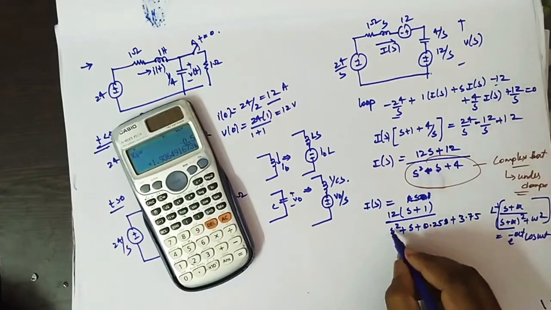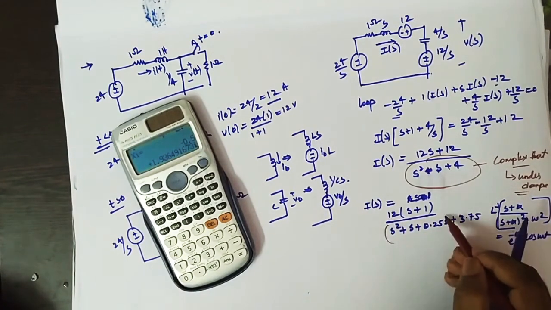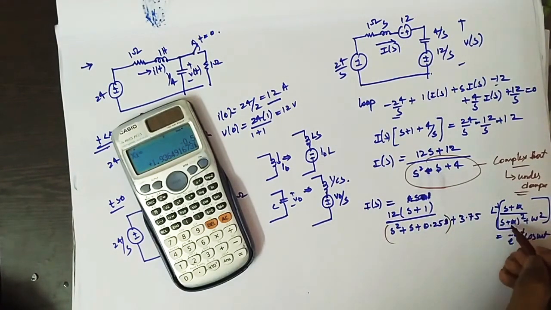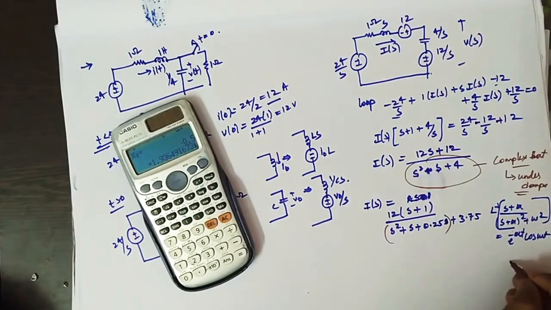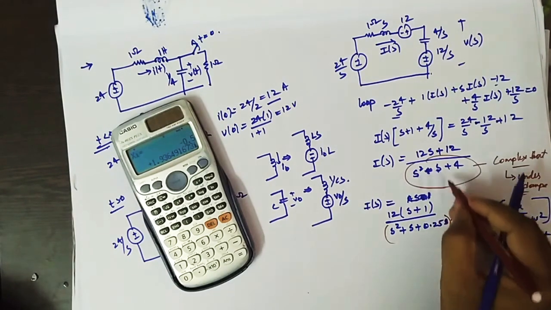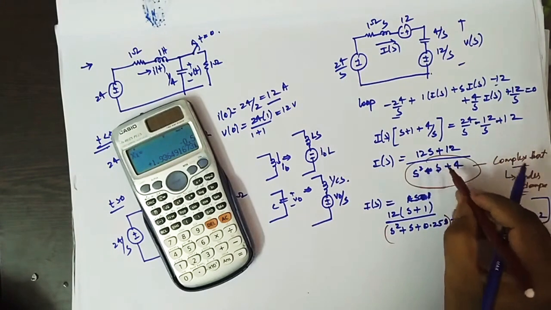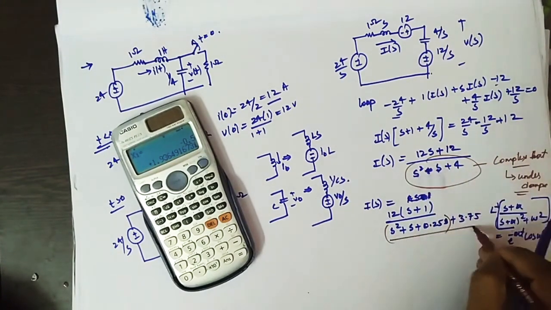So this entire term can be represented as s plus 0.5 whole square, right? If you take s plus 0.5 whole square, you will be getting s square plus 2 into 0.5 into s, that is s, plus 0.25. So this way we brought this denominator into this format.